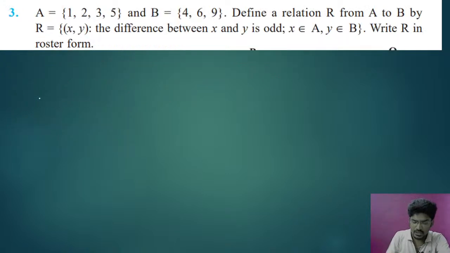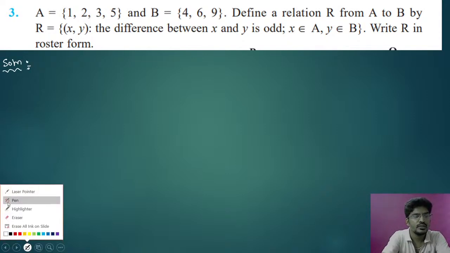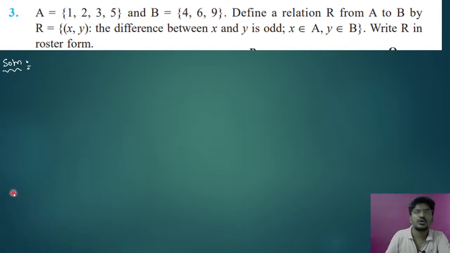Okay. So now let us go for the third problem. See what they have given here. Set A is {1, 2, 3, 5}. Set B is {4, 6, 9}.